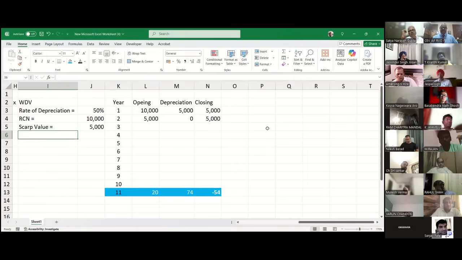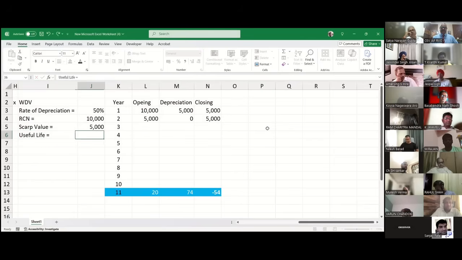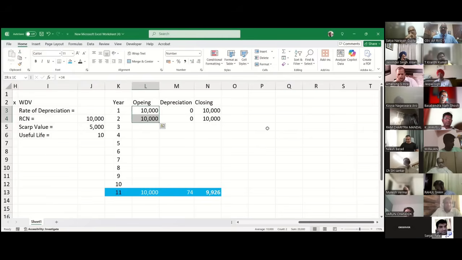In many cases, you have been given the useful life, how many, 10 years, and the rate of depreciation is not given. And you are told to find out the depreciation using the WDV method. So what will you do?